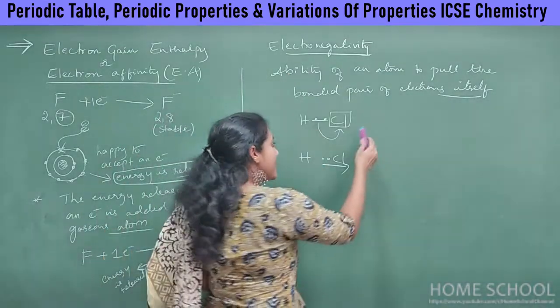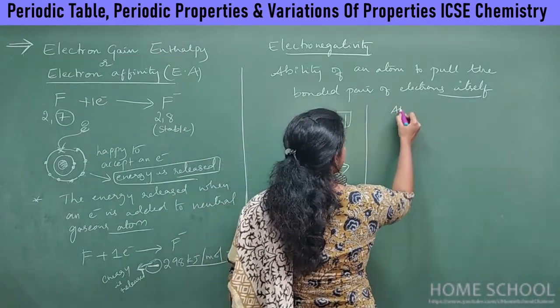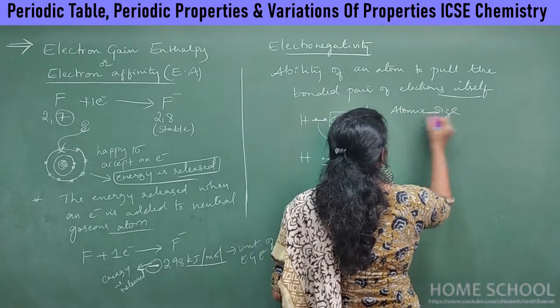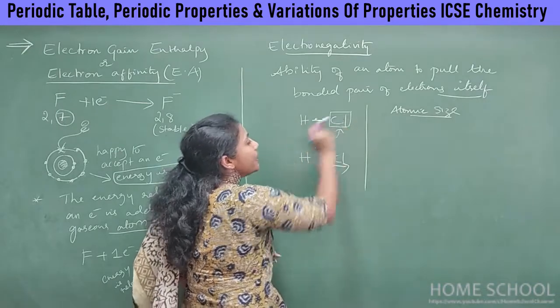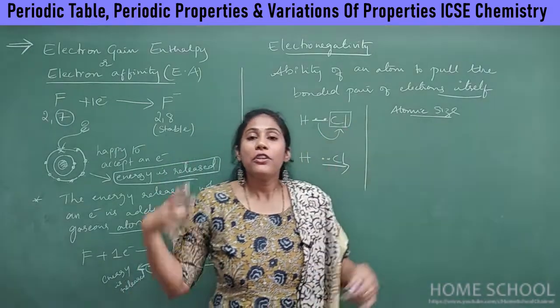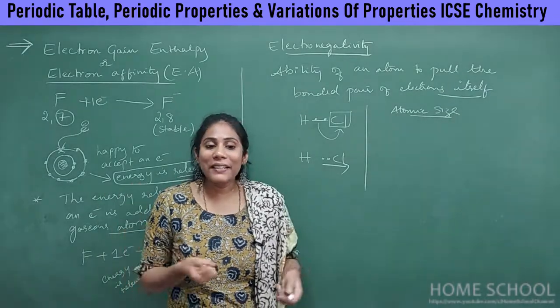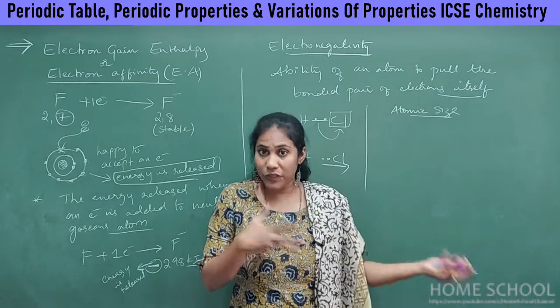This electronegativity also depends on atomic size. Smaller the size of an atom, more easily it can pull the electrons towards itself. Smaller guys are always more active, isn't it? So a smaller atom can grab the electrons more towards itself.